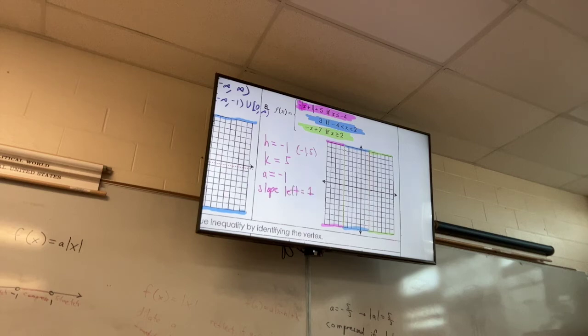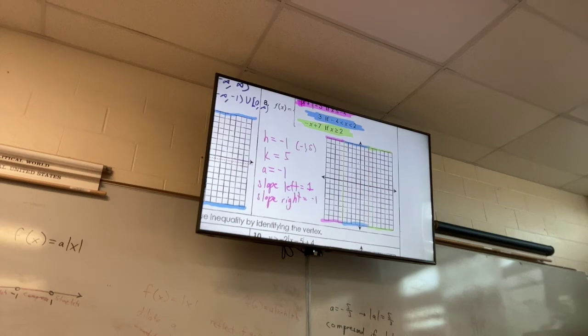My a is -1, the opposite of -1 is +1, so the slope of the left is +1. The slope of the right is going to be -1. So let's graph that. Left 1, up 5. Slope to the left is 1, so I'm going to go down 1, left 1 for the left. For the right, I'm going to go down 1, right 1.